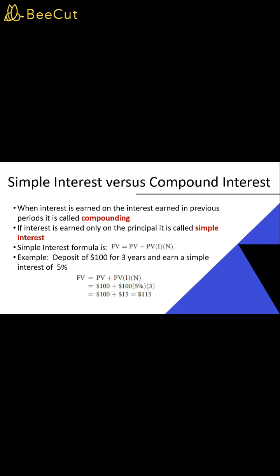If you recall, in the previous example it was slightly more, 115.76, I believe, because in the previous example of compounding you were earning interest on interest. So this is an important thing to keep in mind.